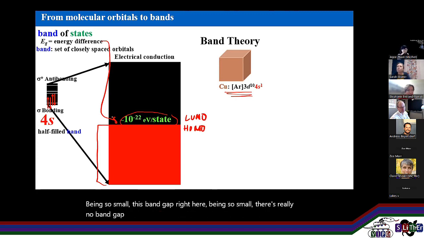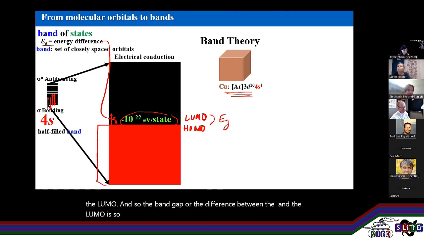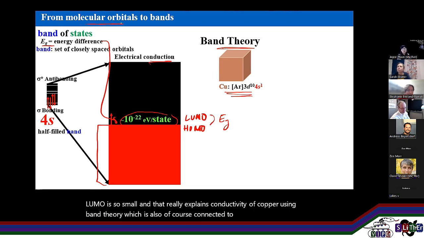Electrons can very easily move from the HOMO up to the LUMO. And that really explains the conductivity of copper using band theory, which is also connected to molecular orbital theory.